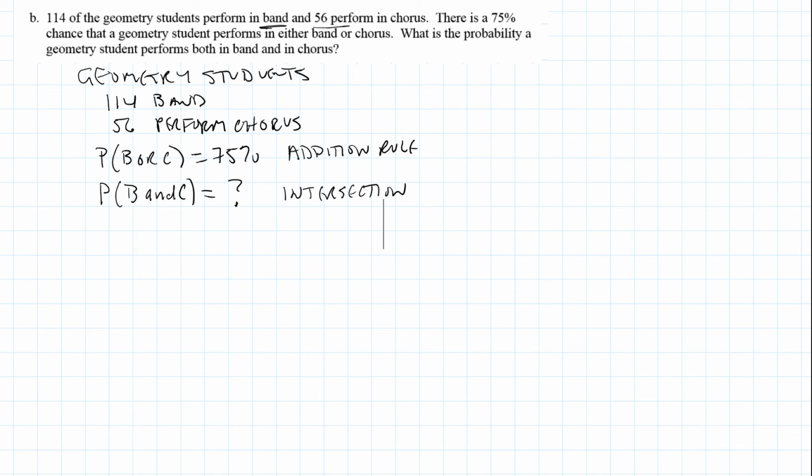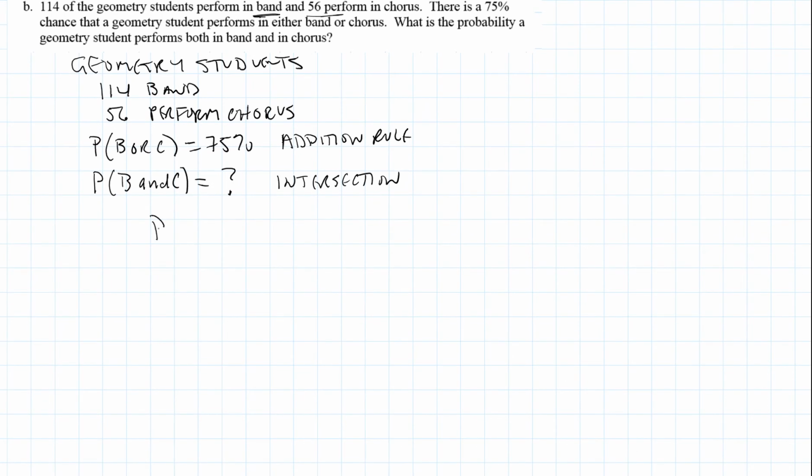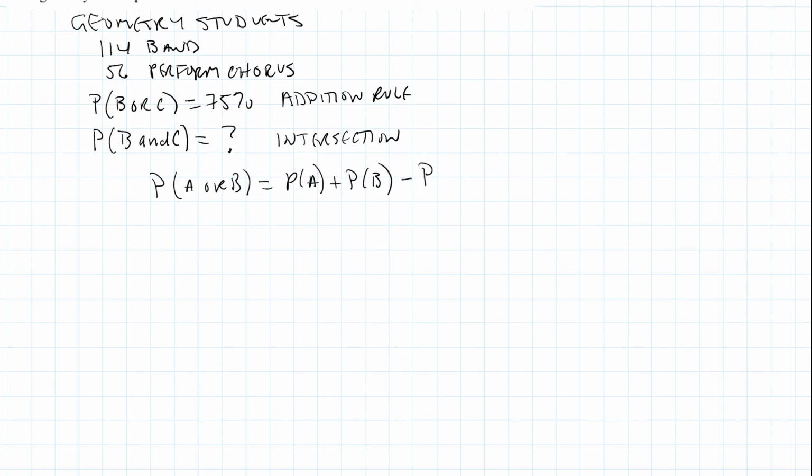Okay, so then remember that the addition rule is the probability of A or B equals the probability of A plus the probability of B minus the probability of A and B.